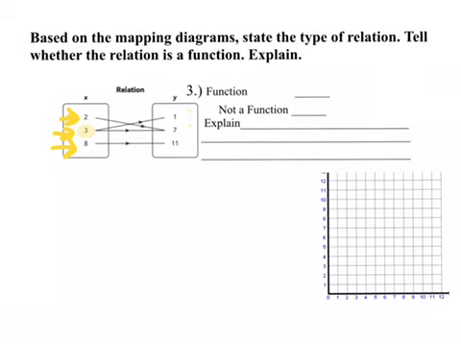Okay, so 2 pairs with 7, so over 2 up 7. And 3 pairs with 1. And 3 also pairs with 7. Right there. And then 8 pairs with 11.